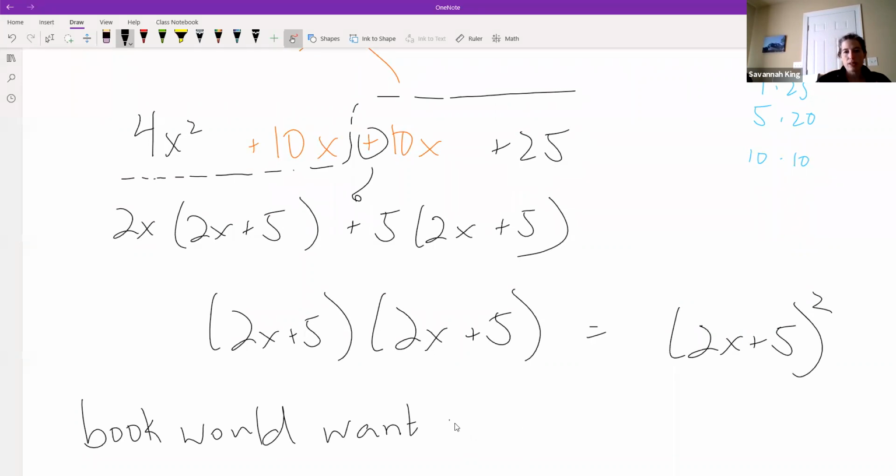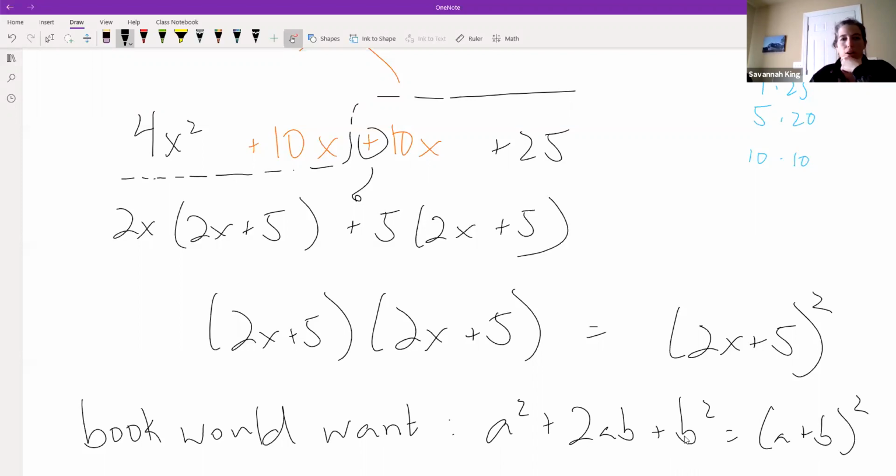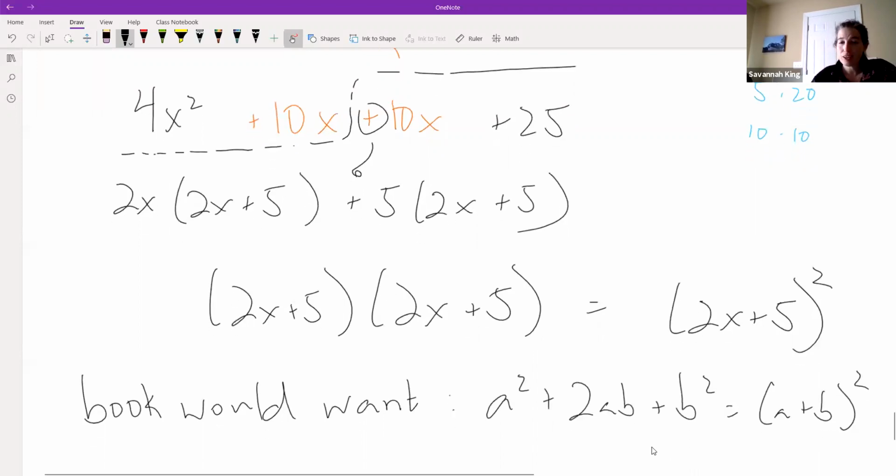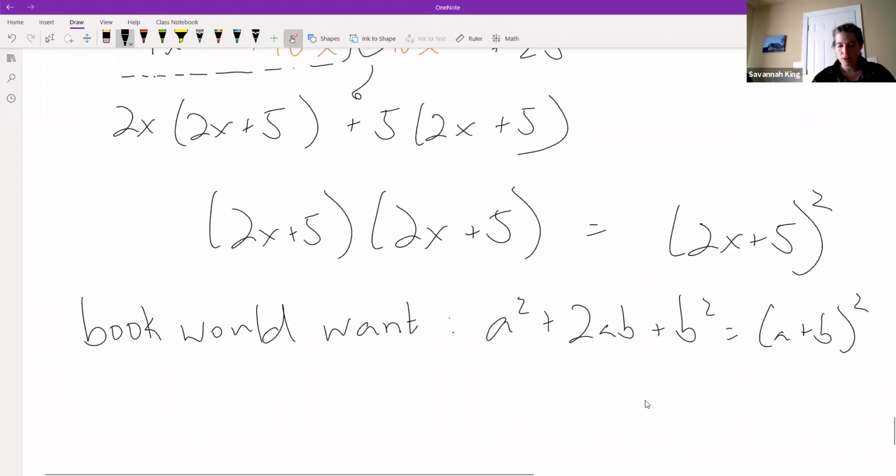Book would want you to recognize that this is an a squared plus 2ab plus b squared formula, which always factors down to a plus b squared.